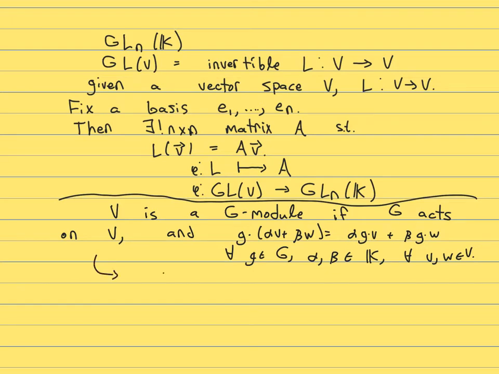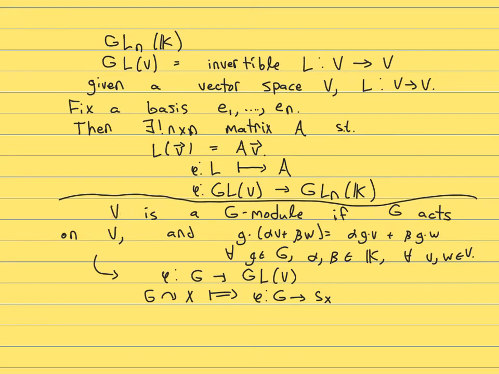Why would you care about such a thing? Because that means that you don't just have, remember before, if G acted on a set X, this gave rise to a permutation representation. In our case, the fact that it's also linear means that you actually have a homomorphism to the general linear group on that vector space, not just permutations.